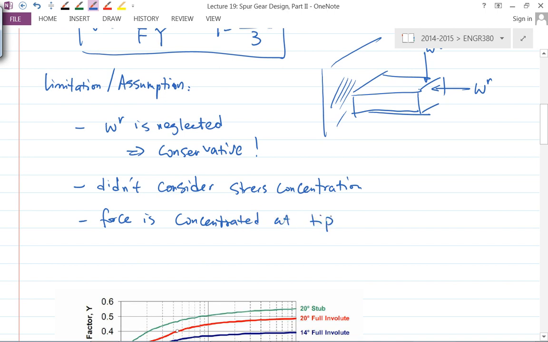And there's one more: friction is neglected. When the two surfaces are pushing each other, there's not just rolling, but maybe also sliding. That basically will create friction, but the friction is not considered.